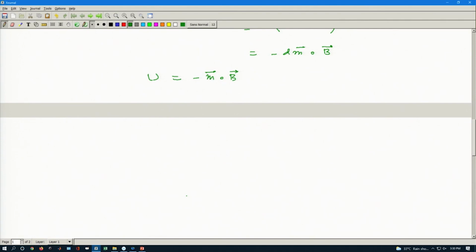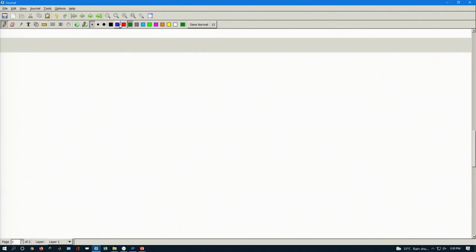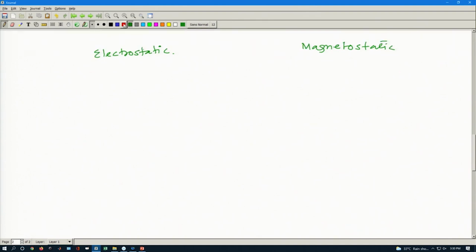Before that, let us draw the two cases. One is for electrostatics, what we had, so let me draw. This is electrostatic, and this side I have magnetostatic, and side by side I want to discuss.